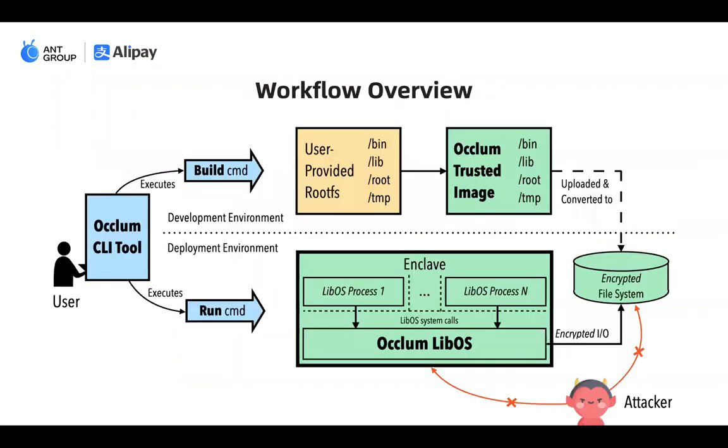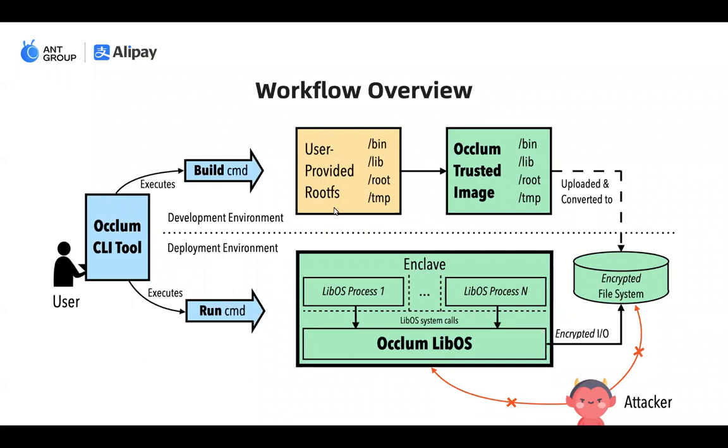From a user's perspective, you get an Occlum command line tool to use Occlum. The most important two commands are build and run. In a trusted development environment, you use the Occlum build command to convert your rootfs. This rootfs is everything you need at runtime to run your application, for example, the binaries, the libraries, and any configuration or data files.